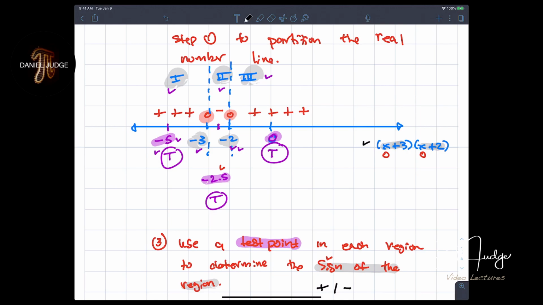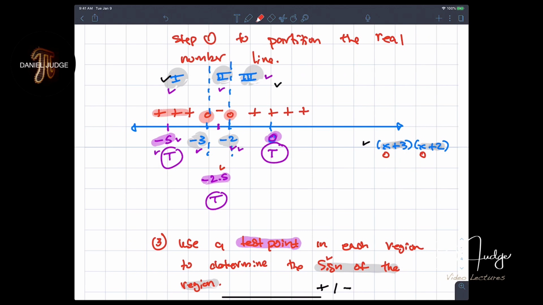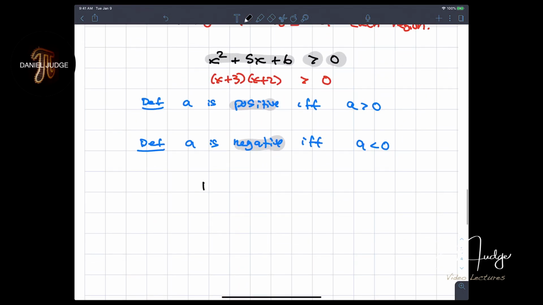Region 1, Region 3. You say, how do I know? Because you guys are looking at it right now. These are positive signs, right? See this? So the answer to the question that I gave you guys is Region 1 union Region 2. Now, this is not how we answer the question, though. They want us to solve.